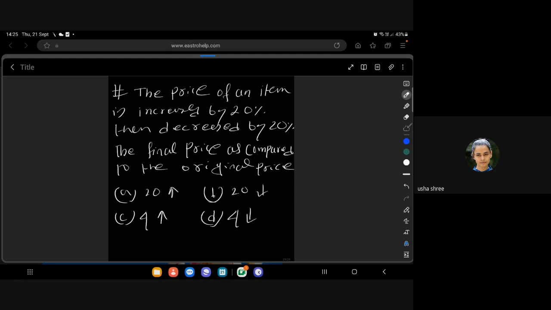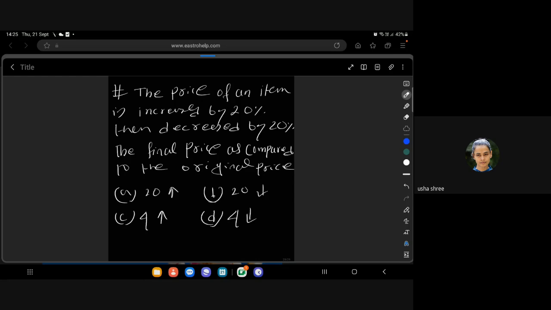There was an item. First, the price was increased by 20%. Then again decreased by 20%. Okay. Then what will be the final price? If you compare it with the original price, the price before the increase of 20%, is it higher or lower?